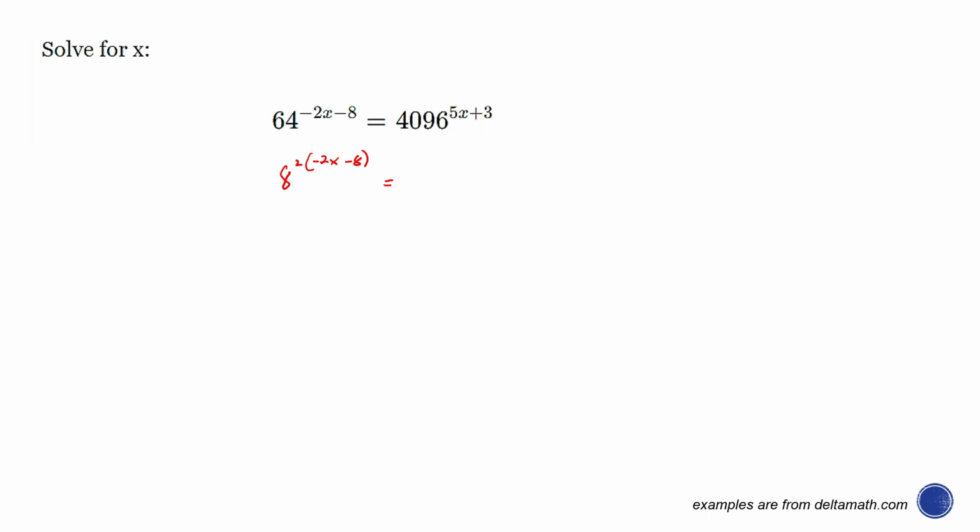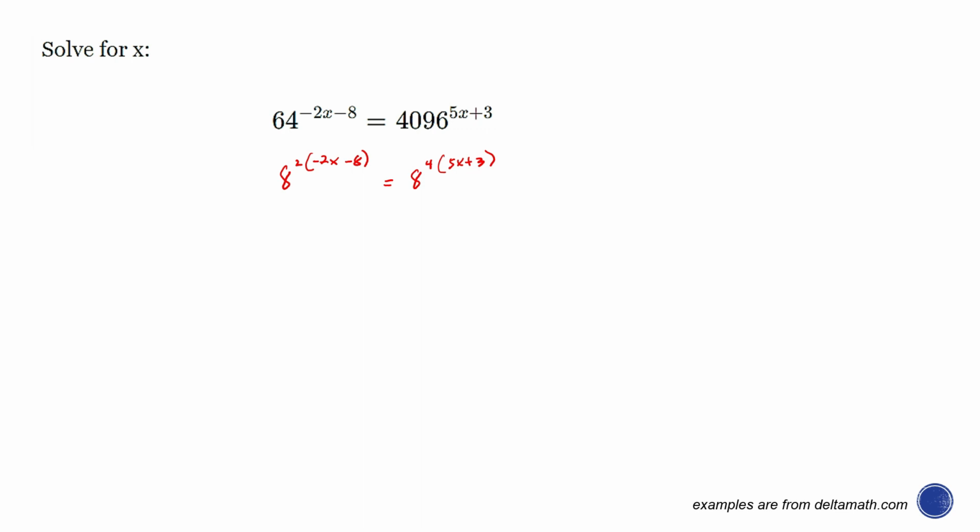So what about 4096? I think that's 8 raised to 4. All right, so that's 8 raised to 4. That's the highest. I think you can also express this as a base of 2, but I prefer using the highest possible base that we can use. So 8 raised to 4, that's 4096, raised to 5x plus 3.